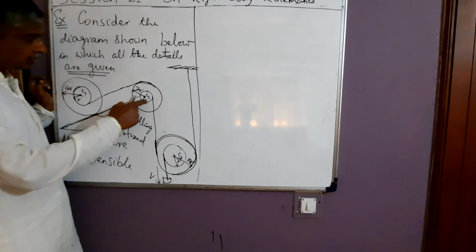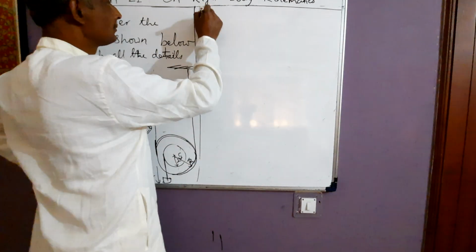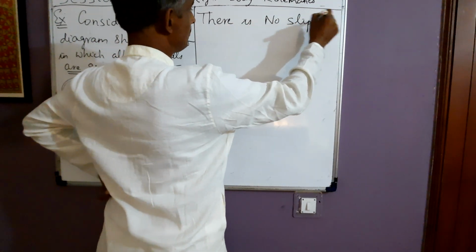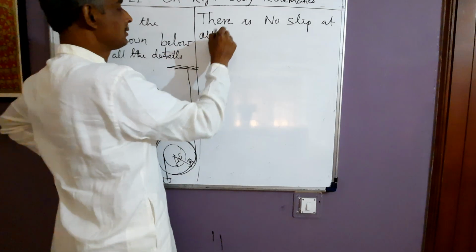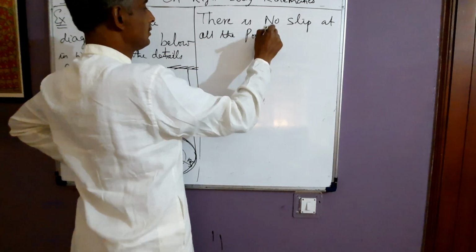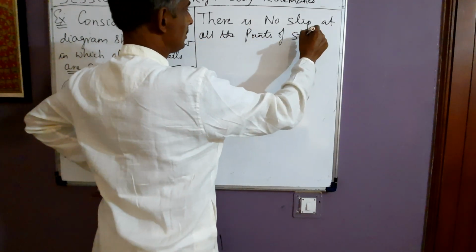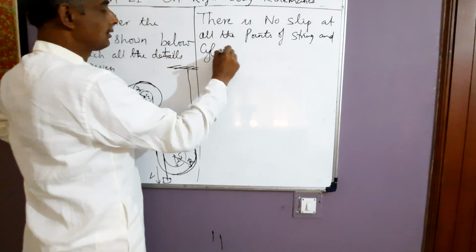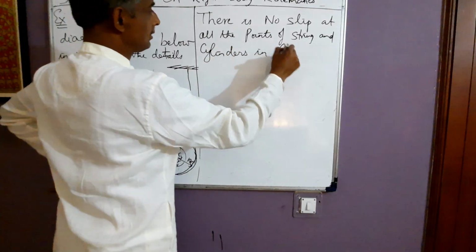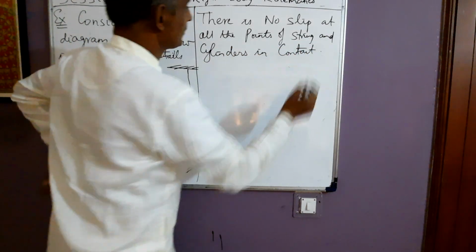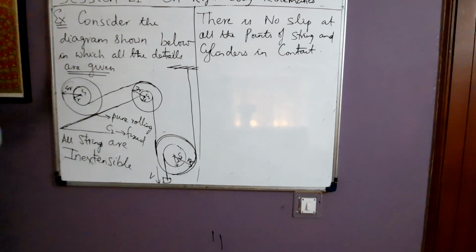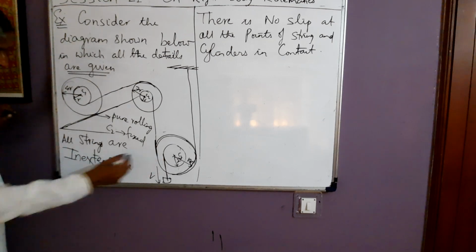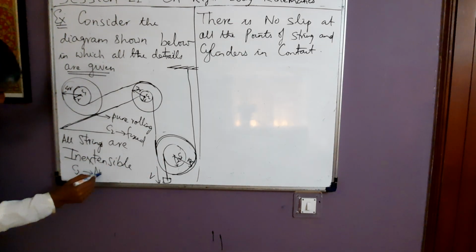There is no slip at all points of string and the cylinders in contact. C2 is fixed. C3 of this double cylinder is not fixed.